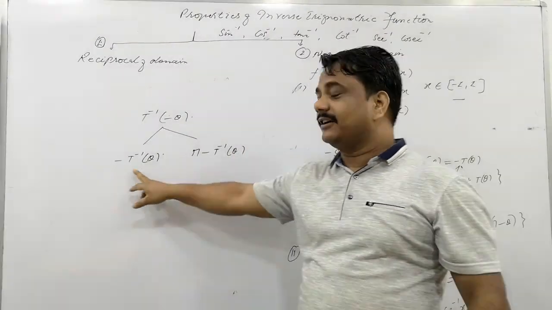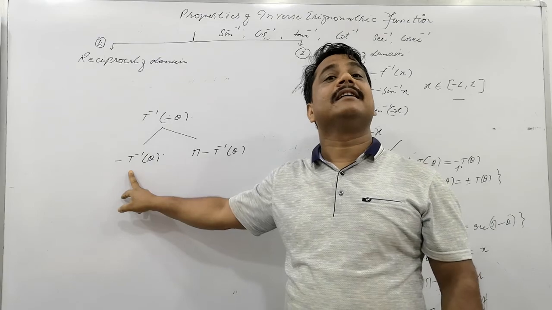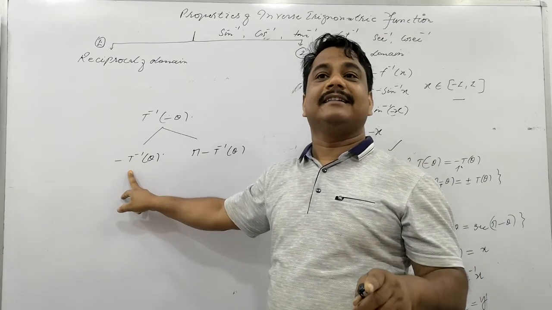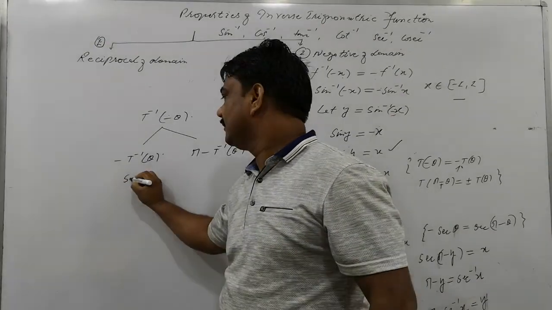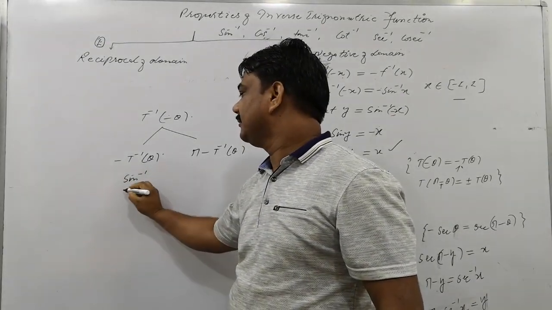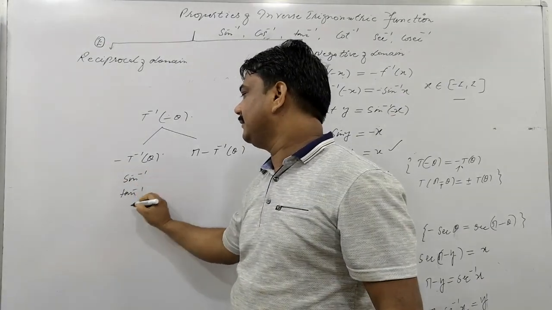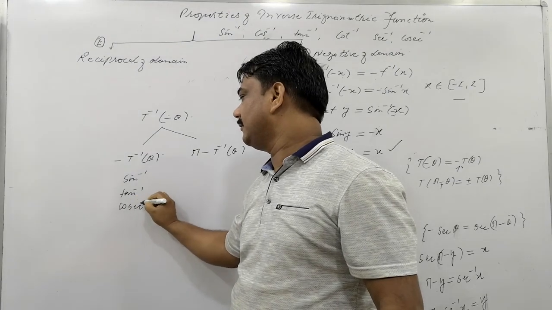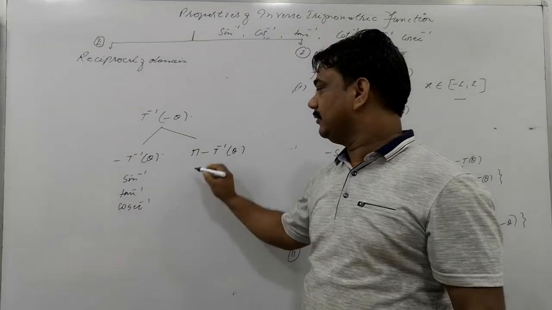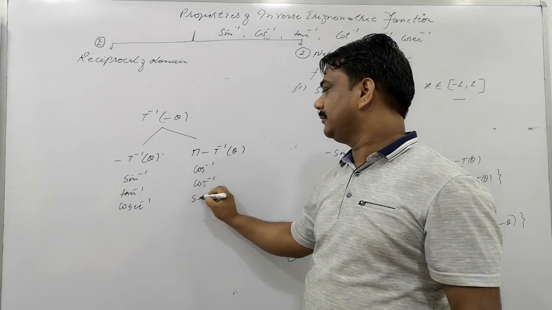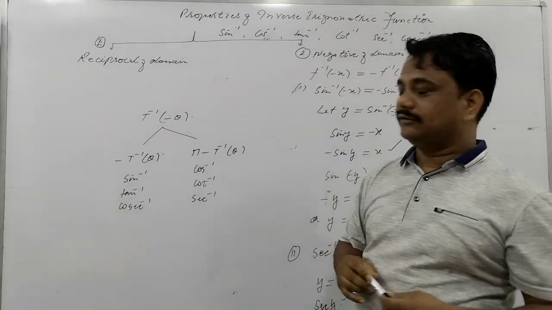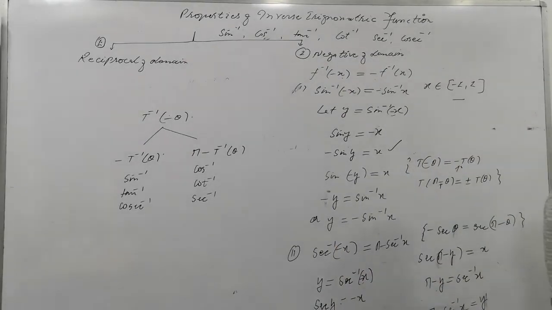The first works for sine, tan and cosec, and the second works for cos, cot and sec. So how many identities are there? Six together are there, right?